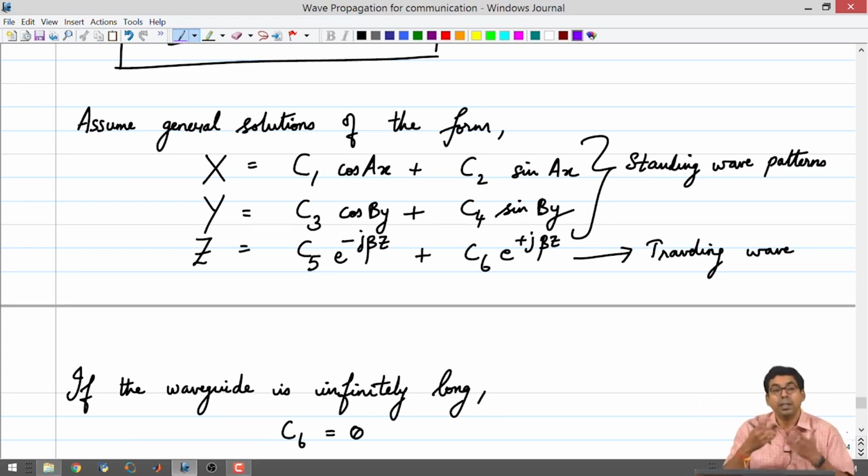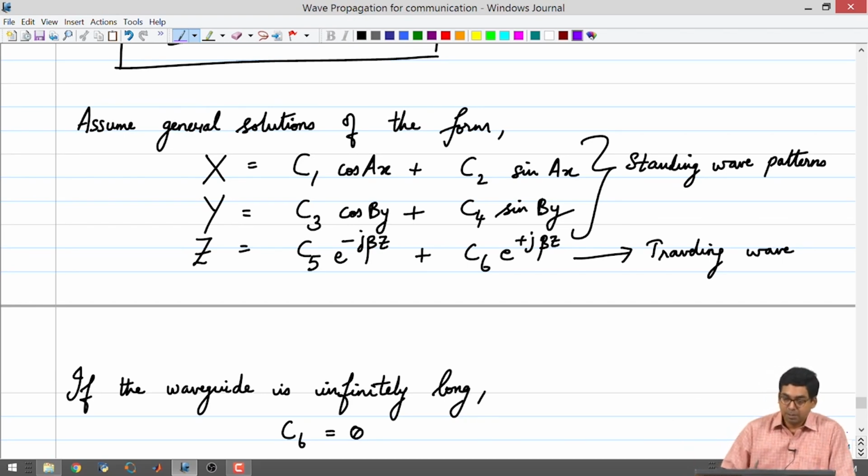Since we already know these things, we are able to pick up some specific general solutions corresponding to standing waves, and we are also able to pick up solutions that satisfy boundary conditions reasonably well. For example, some electric field component may have to become 0 on an interface, etc. These details are very important.